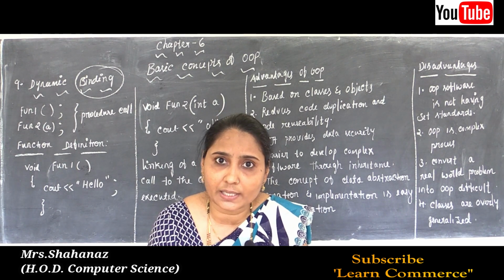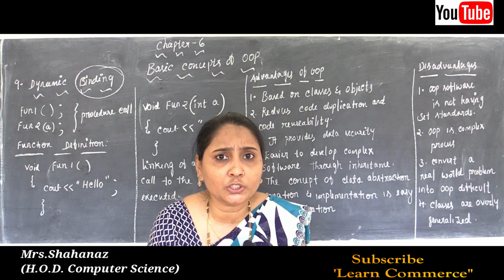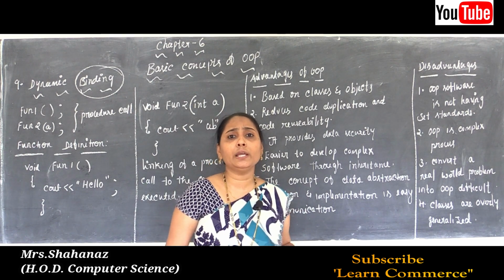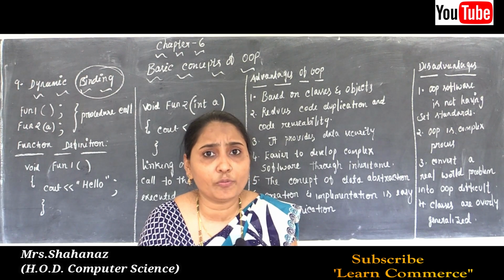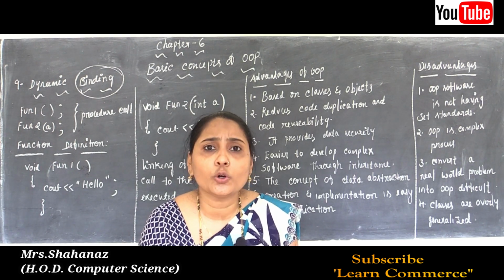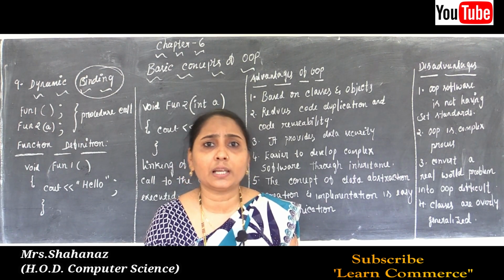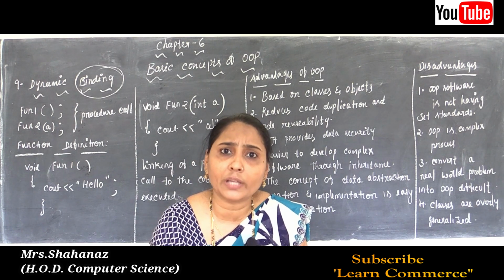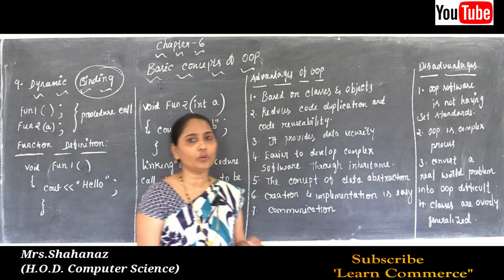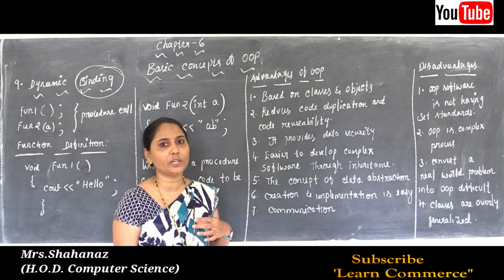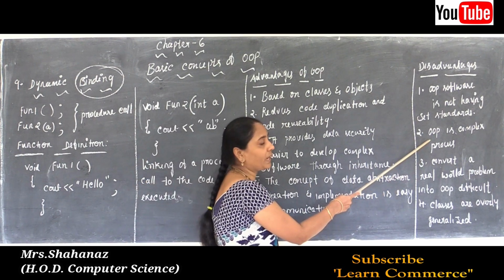But in object oriented programming, the adaptability of flow diagrams is very difficult. Clear this point. By using classes and objects, such flow diagrams we can't draw. So the adaptability of flow diagrams using object oriented programming is a complex process.